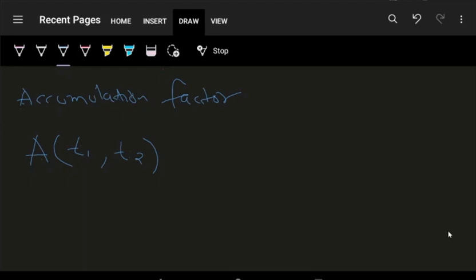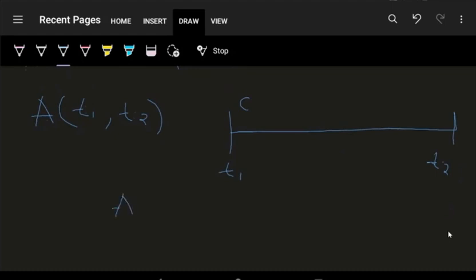So if we have an amount C at time T1, then we can directly calculate the accumulated amount at time T2 by multiplying the amount C with the accumulation factor of that time period.